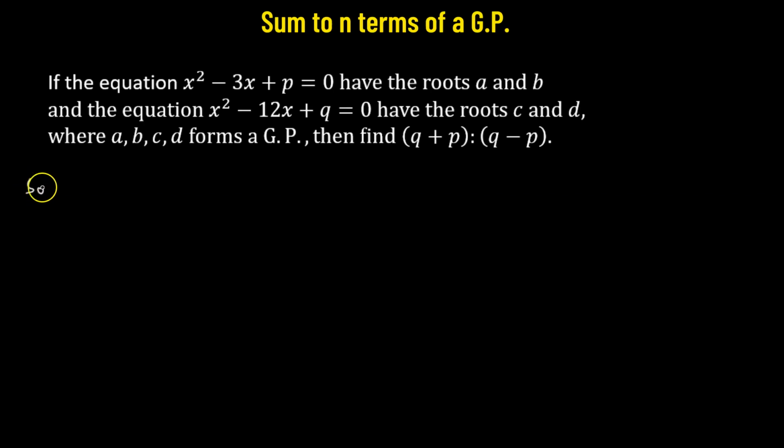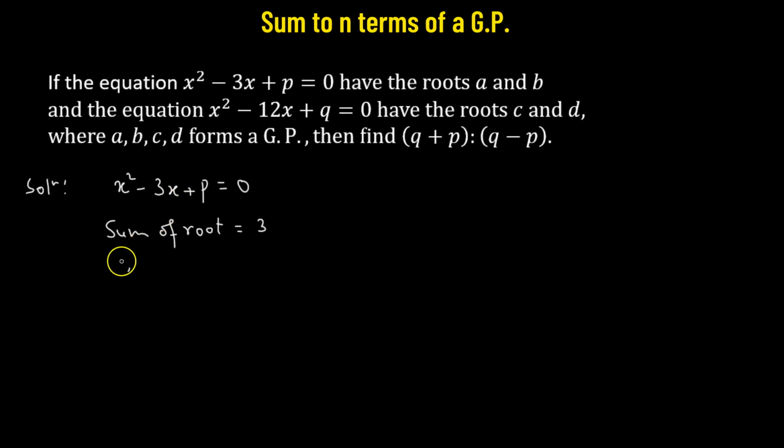So let's begin. We'll start with the first equation, x squared minus 3x plus p equals 0. It's given that the roots are a and b. Now what will be the sum of roots? The sum of roots is going to be equal to positive 3 from this equation.